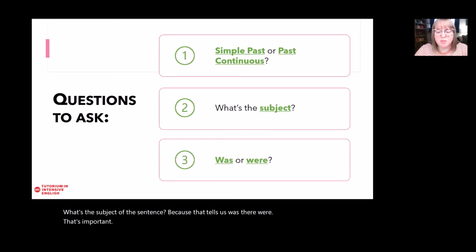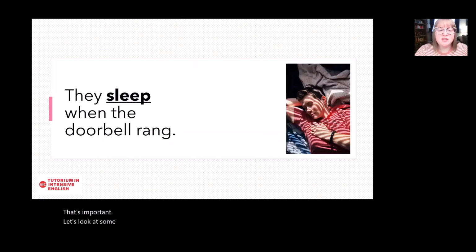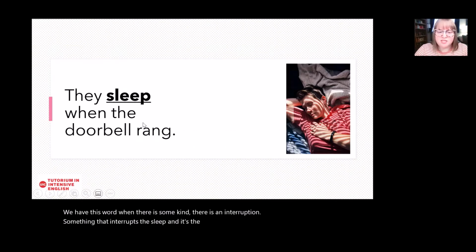Let's look at some examples. So they sleep when the doorbell rang. Now notice we have this word when. There's an interruption, something that interrupts the sleep, and it's the doorbell. We also notice that rang is past tense.